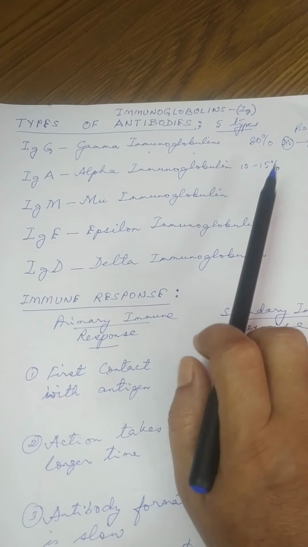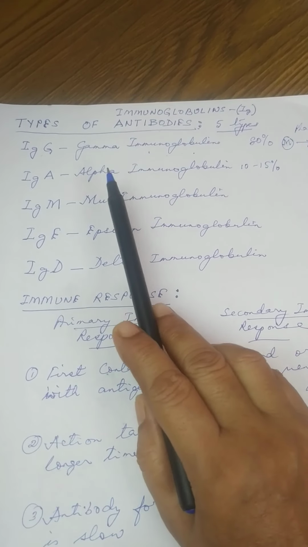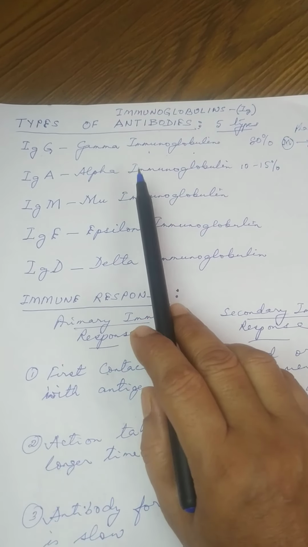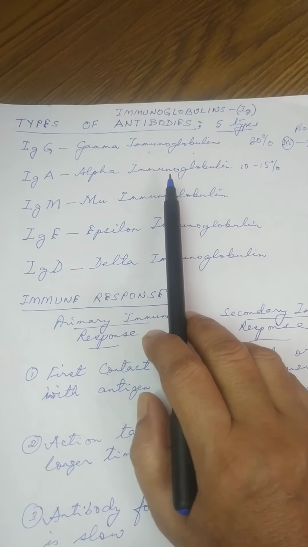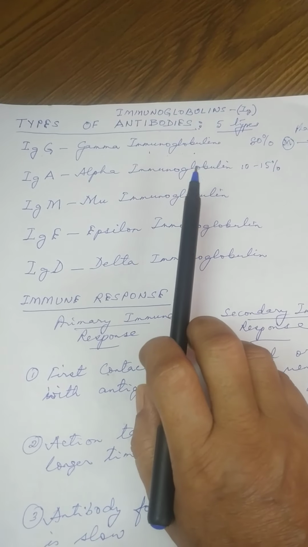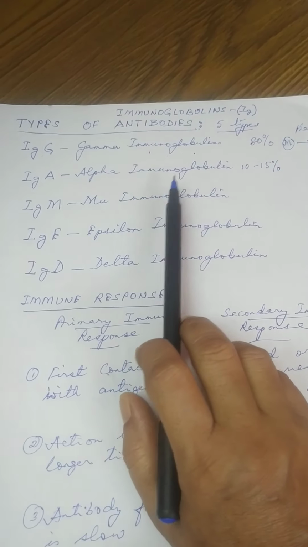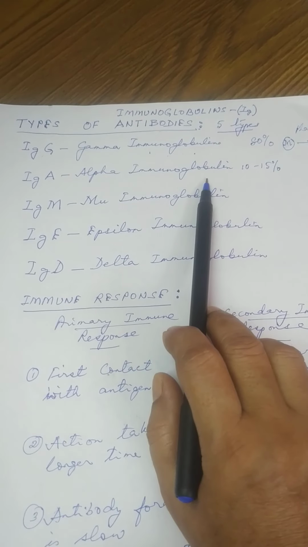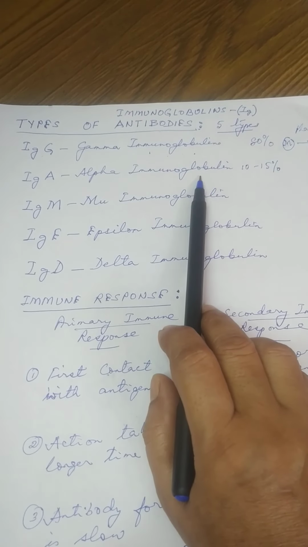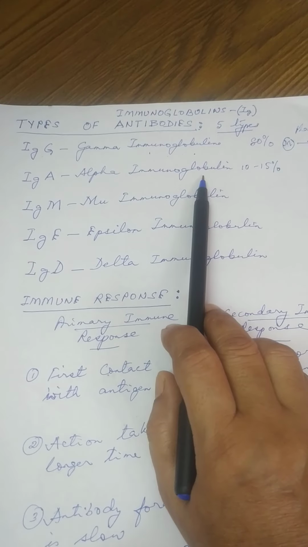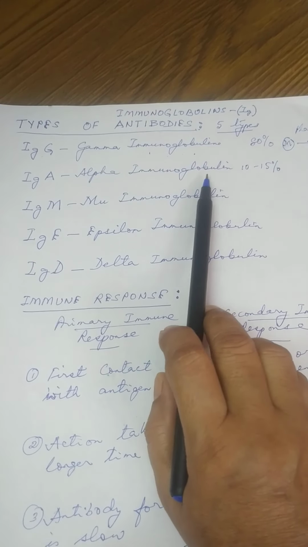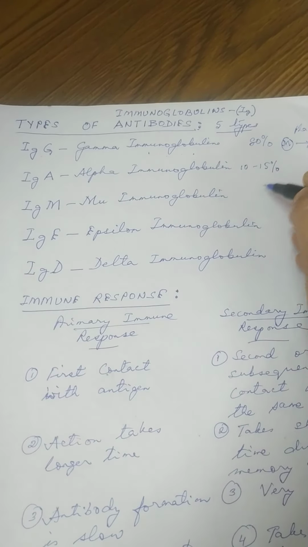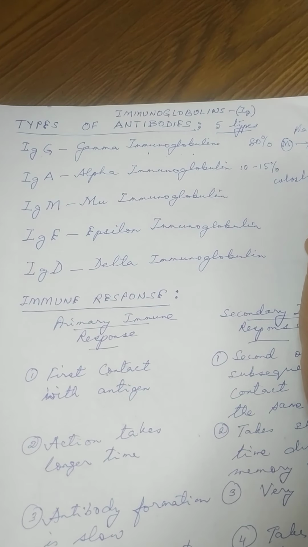Okay. Now, where is this immunoglobulin or this antibody present in our body? This antibody is present in the sweat. It is present in the tears, it is present in saliva, and it is also present in colostrum. So remember, colostrum.